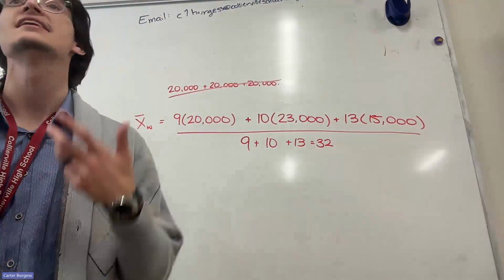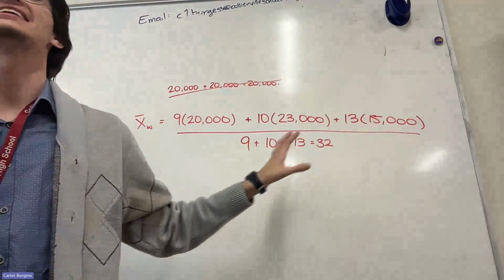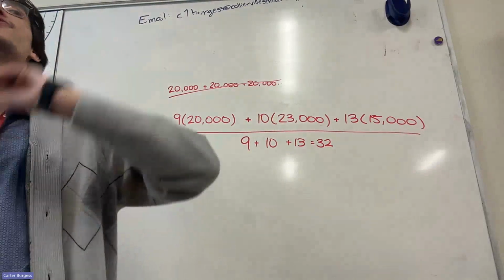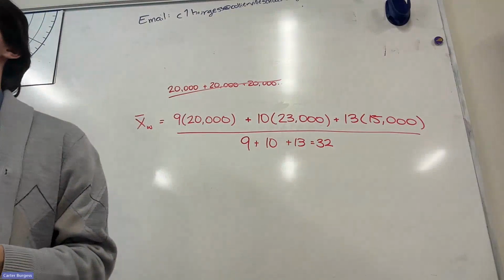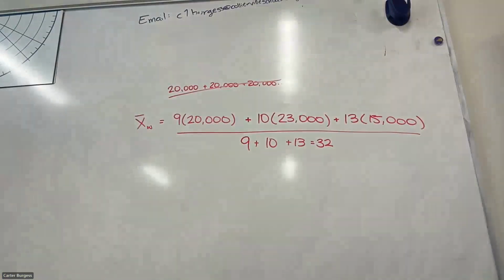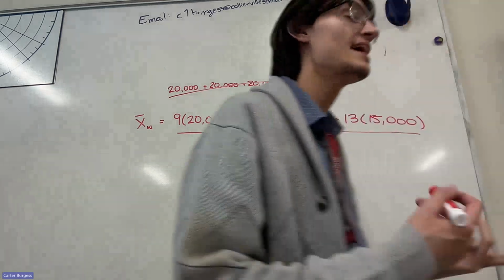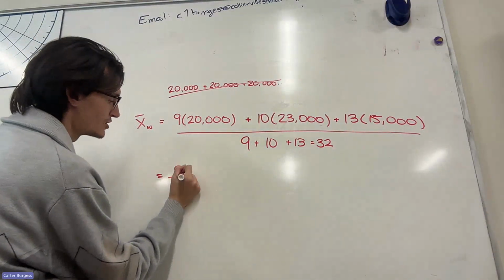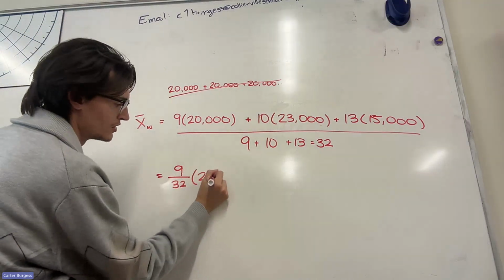Really the connection here is the idea that if I were to split apart this fraction, each of those weights represents the fraction that I want this particular value of x to contribute. So for instance, if I want to know what fraction of my sales go alongside this 20,000, then I need to take that 9 out of my total number of sales, which you said was 32, times this variable 20,000.